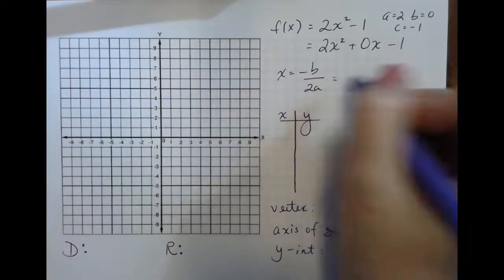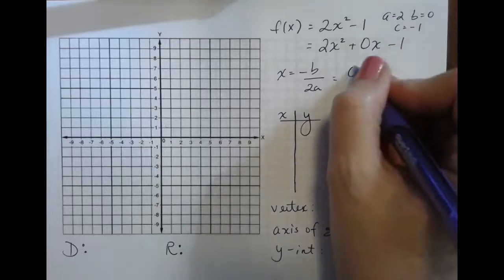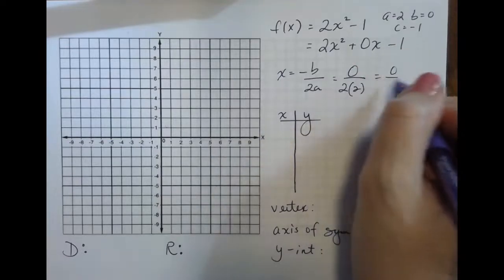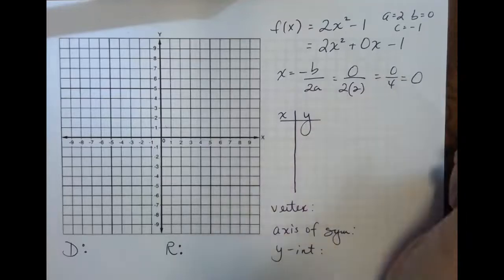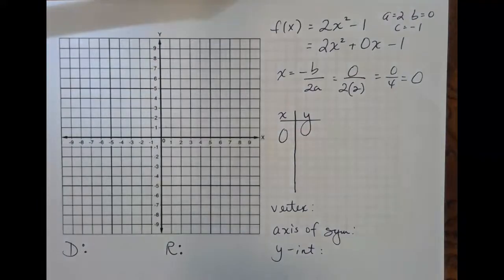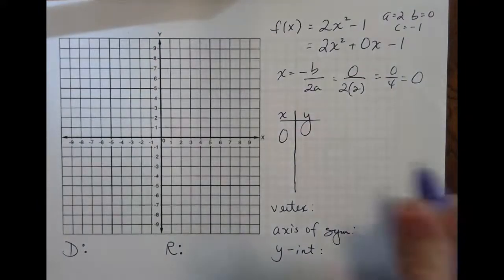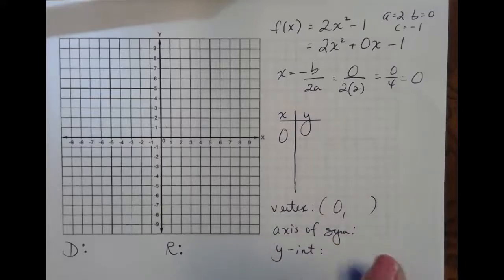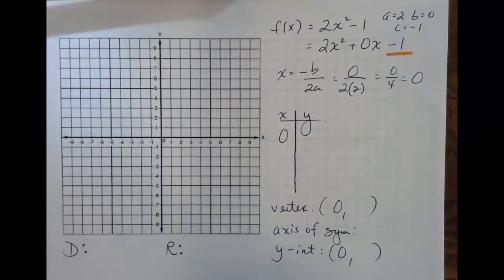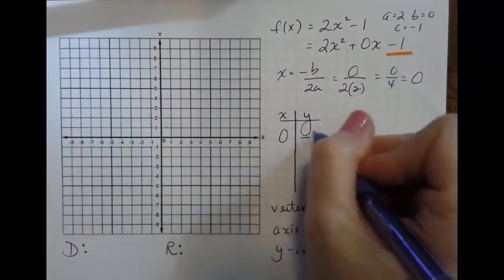Let's find our vertex. Opposite of 0 is still 0 over 2 times A, which is 2 times 2. That's 0 over 4, which is 0. So our vertex has an x-coordinate of 0. That means our vertex and our y-intercept are going to be the same thing because x is 0, which makes it really easy because when x is 0, the function is equal to the c value, which is -1.